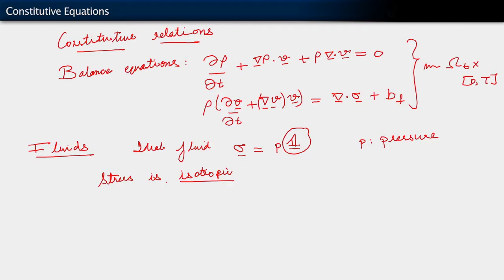Of course, let's check now. Does this help matters? So what we have done, by writing out the Cauchy stress in terms of the pressure, is effectively introduce 6 extra equations.